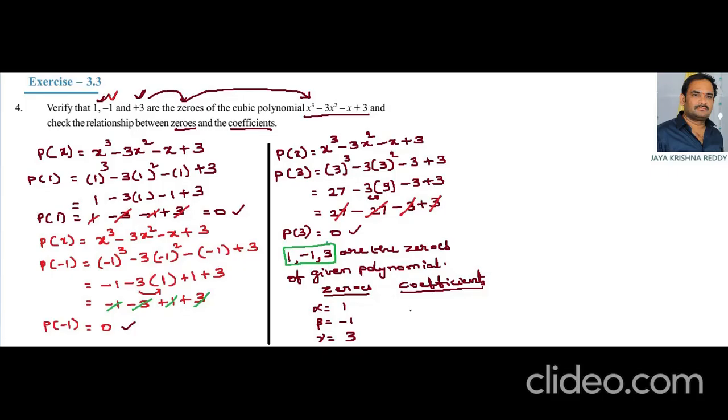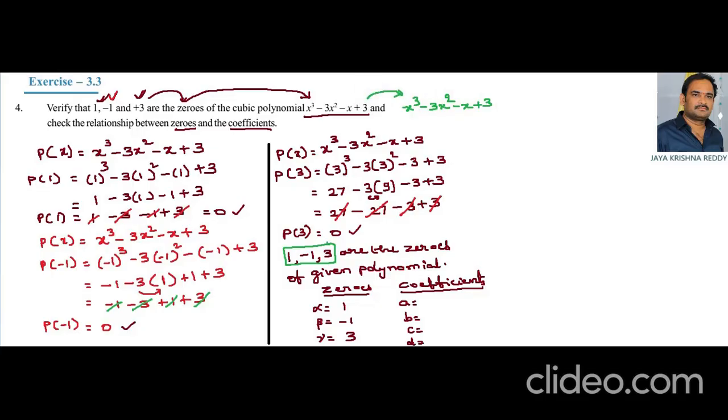And now writing the coefficients a, b, c and d. The polynomial is given as x cube minus 3x square minus x plus 3. This is the cubic polynomial.